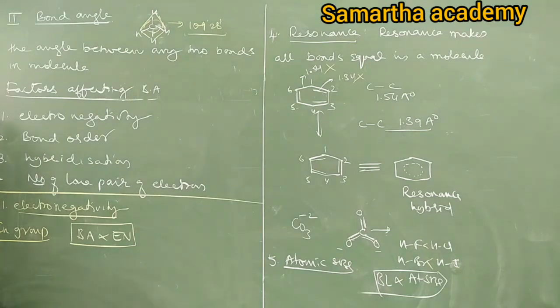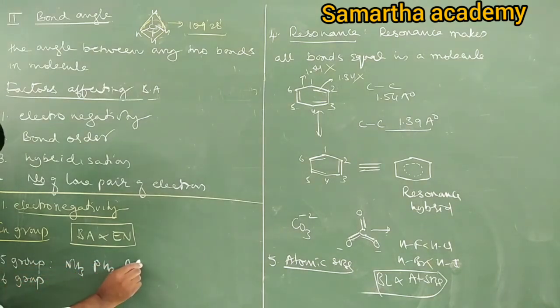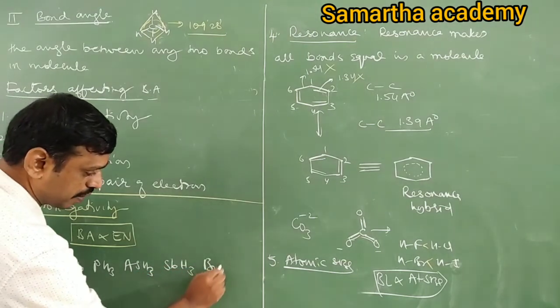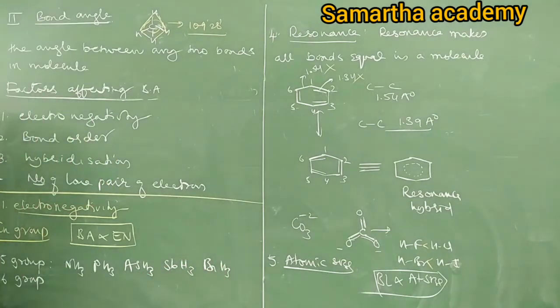For example, in the 15th and 16th group we study hydrides. Do you remember? 15th group hydrides are ammonia, phosphine, arsine, stibine, bismuthine, right?